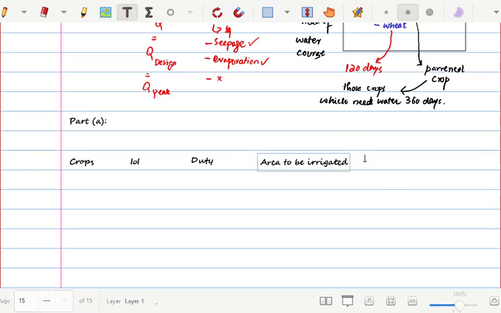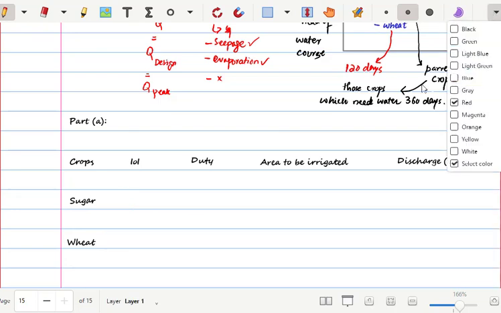So our next column is going to be discharge for each crop, right? Discharge, which is Q. So let's find out for each crop one by one. First for sugar, and second for wheat, right? So first fill out the data which is given to us.